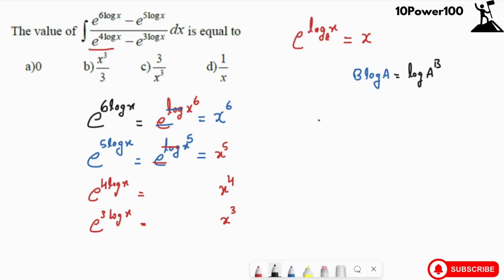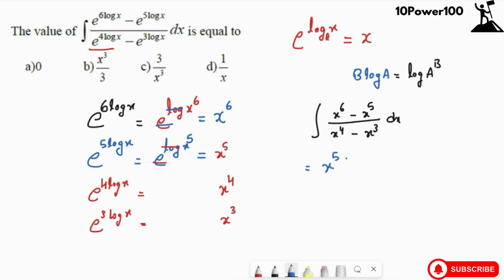So let's take this. In place of e power 6 log x, I'll consider x power 6, and in place of e power 5 log x, I'll take x power 5, whole divided by x power 4 minus x power 3 dx. Next, in the numerator, I'll take x power 5 common, the least power.